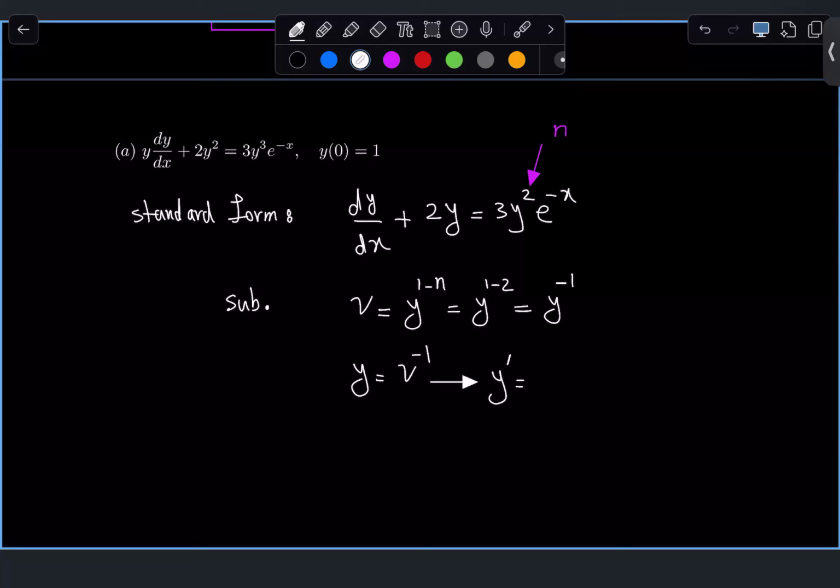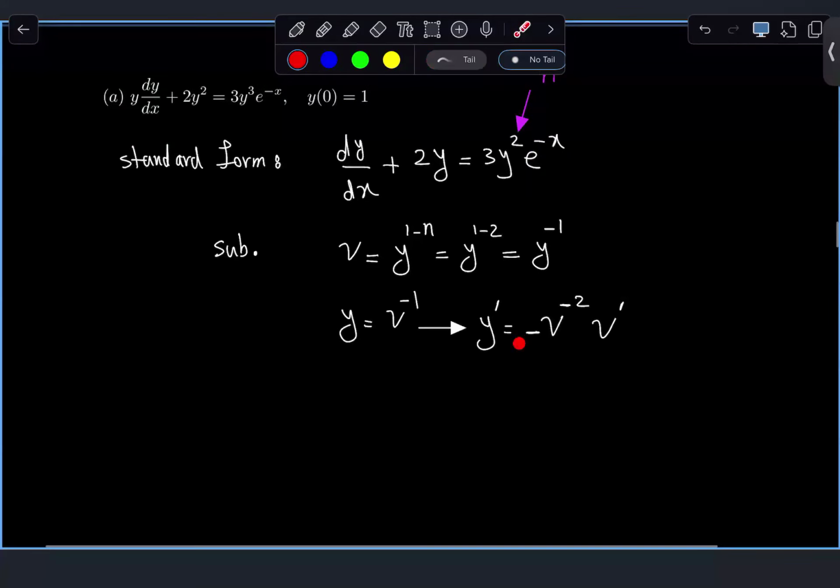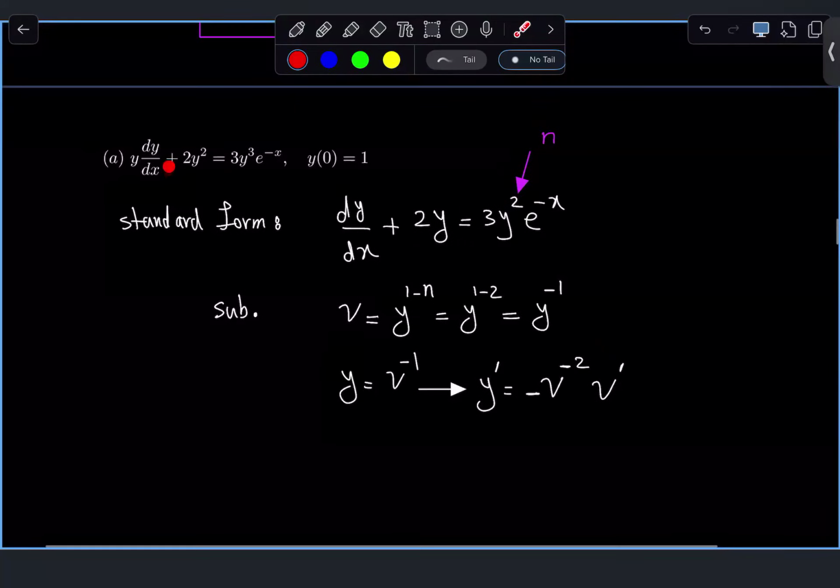What is y prime? Negative v to the negative 2 times v prime. This is something that I also forget. Okay, so don't forget the v prime. If you forget, once you go back to plug it in, you'll see you don't have a differential equation. So you can come back and fix that. But you need some derivative, otherwise it's not a differential equation.